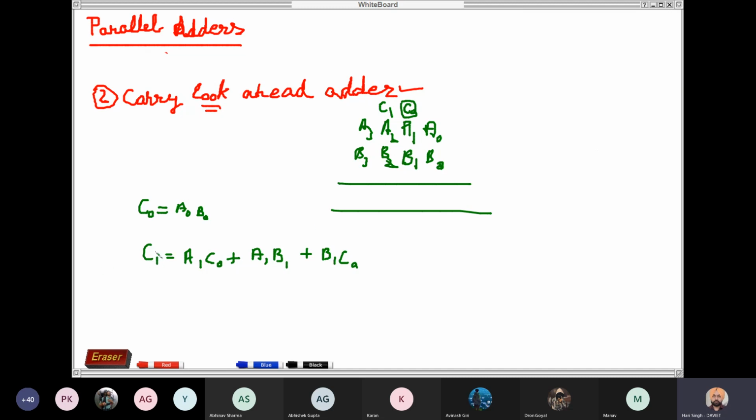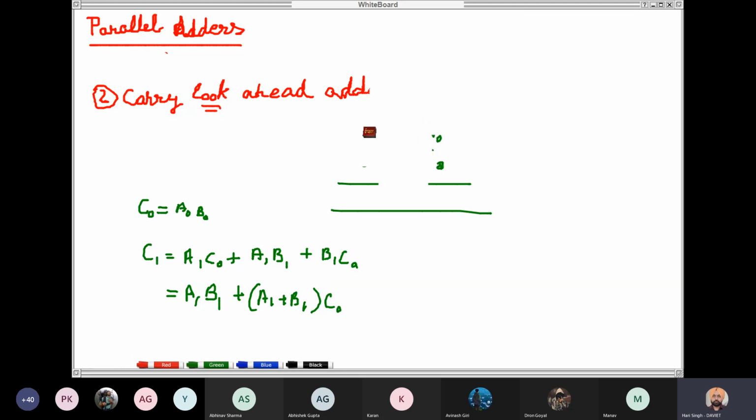So we can write it as A1 B1 plus (A1 plus B1) into C0. Let us consider the first two carries only.